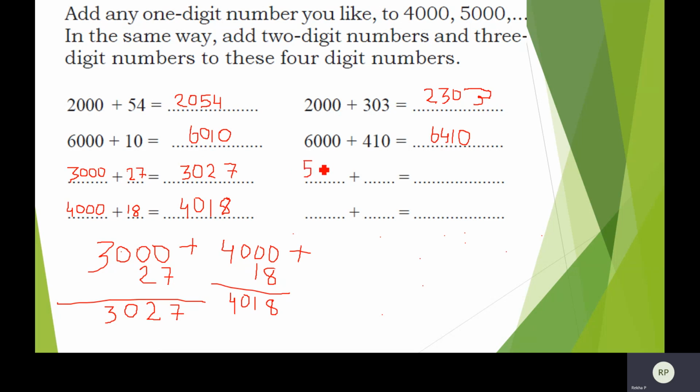Okay, as a 4-digit number, we'll go with 5,000. And let's say a 3-digit number as 371.